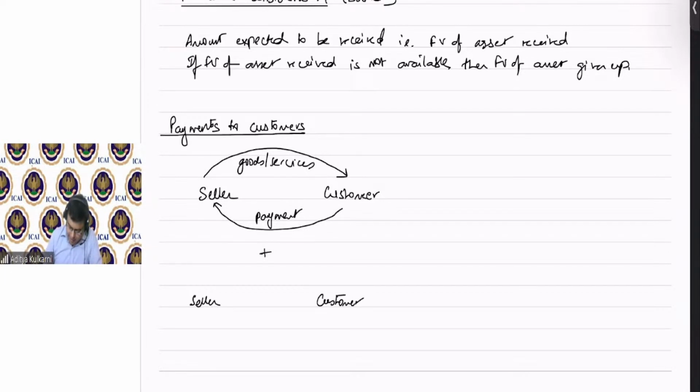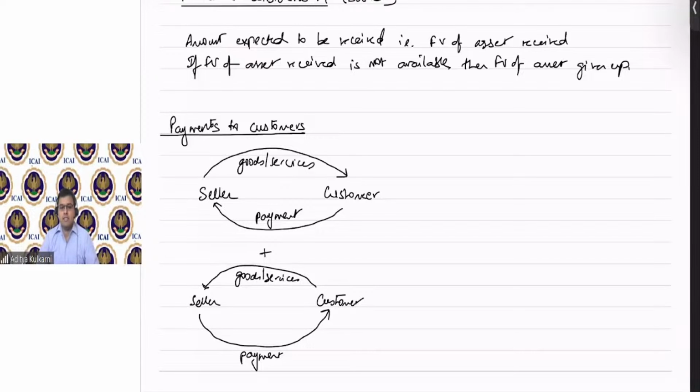Along with the first leg, the customer also provides something to the seller, and the seller gives a payment to the customer. So here goods or services are provided by the customer to the seller, and the payment goes from the seller to the customer.